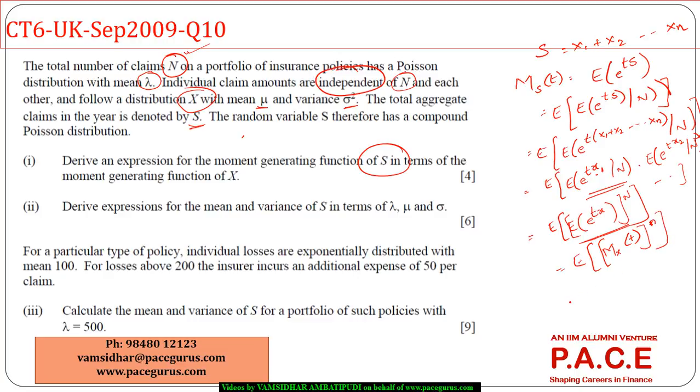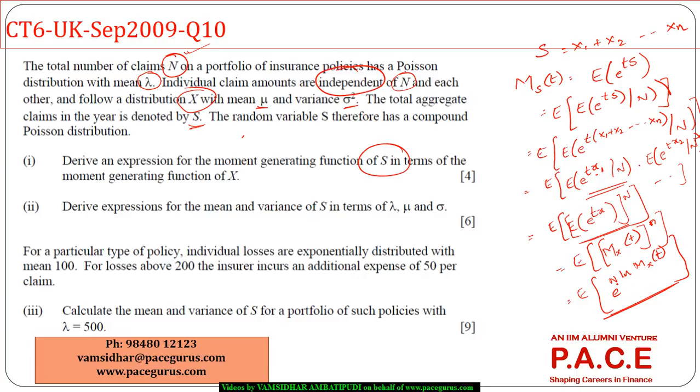Now I'll write this in logarithmic form. MX of t to the power N is nothing but e to the power of N log MX of t, going with that exponential logic. So this comes out as the expected value of e to the power of N log MX of t.